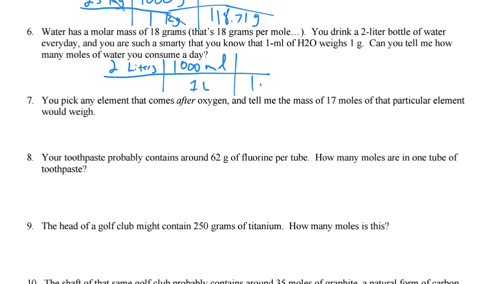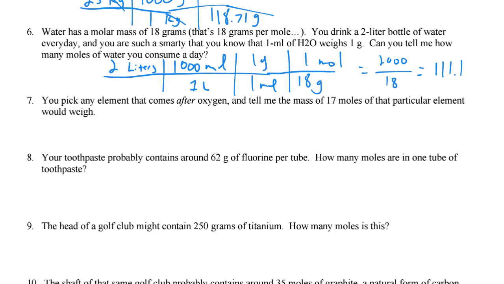And we know that 1 milliliter is 1 gram because that's the density of water. And we know that water is 18 grams per 1 mole. Multiply across the whole top, we'll get 2,000. Multiply across the whole bottom, we'll get 18. 2,000 divided by 18 is 111.1. And our unit there is moles because everything else canceled, and that's what we wanted to get.